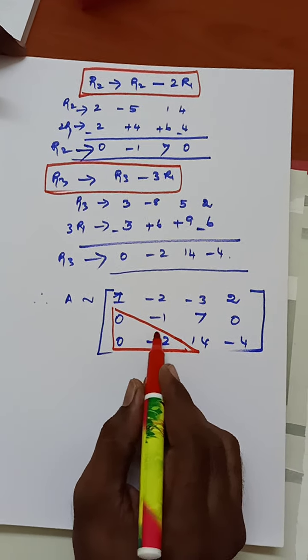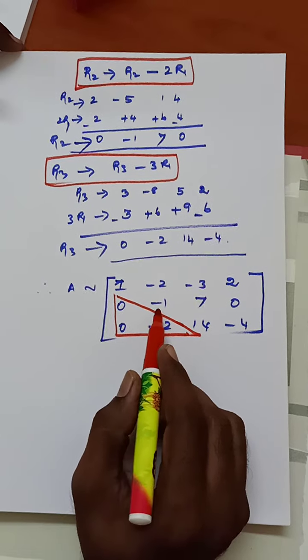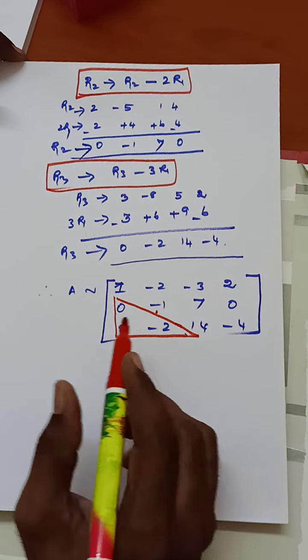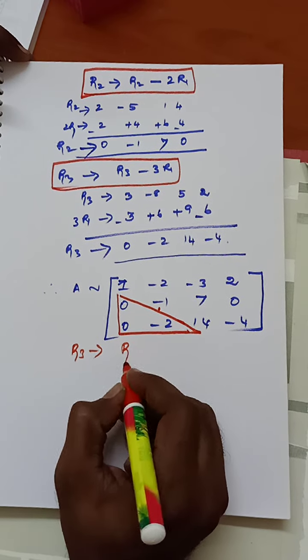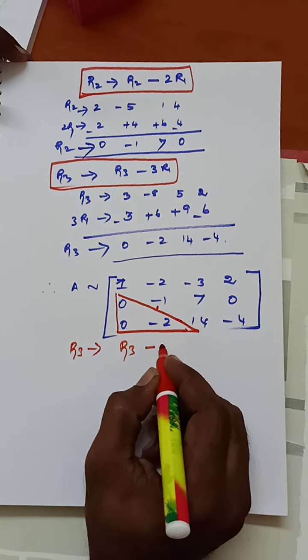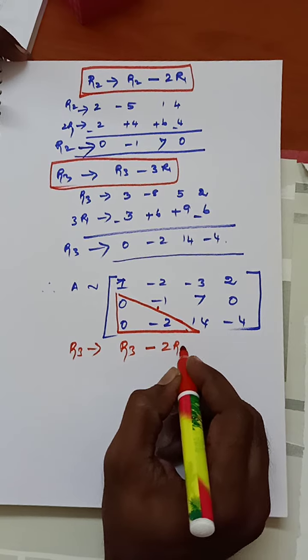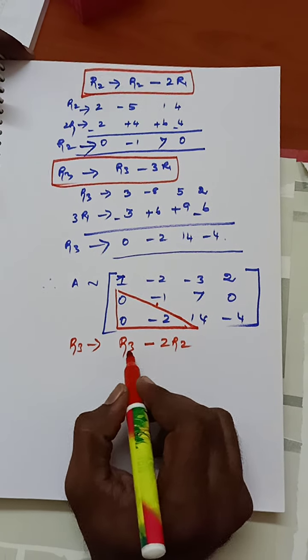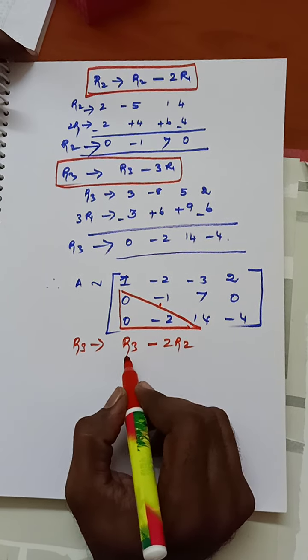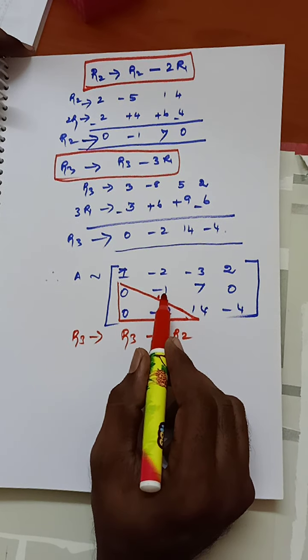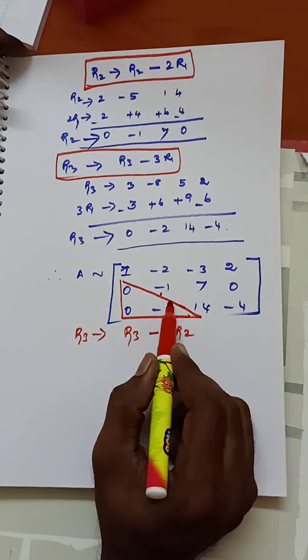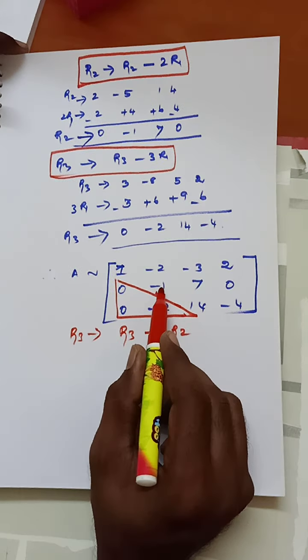Now in this minus 2 place I need 0, so I am using only R2. So R3 tends to R3 minus 2 times R2. You have to understand here, it is not easy for all. Your R3 has minus 2 and R2 has minus 1. So here I need 0 using this minus 1.